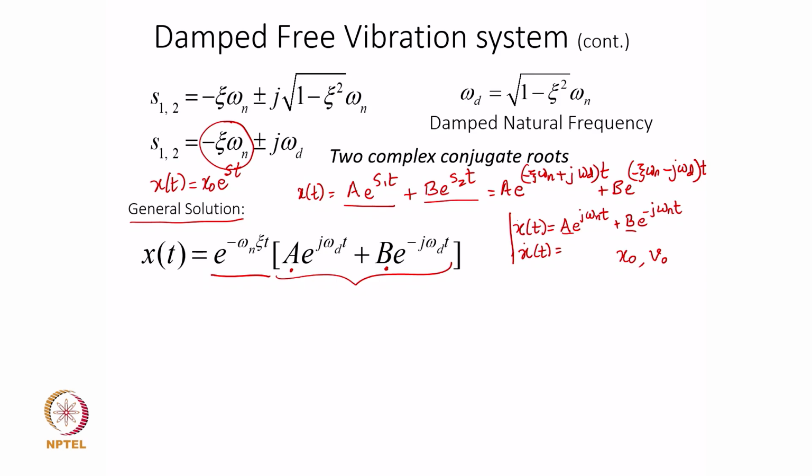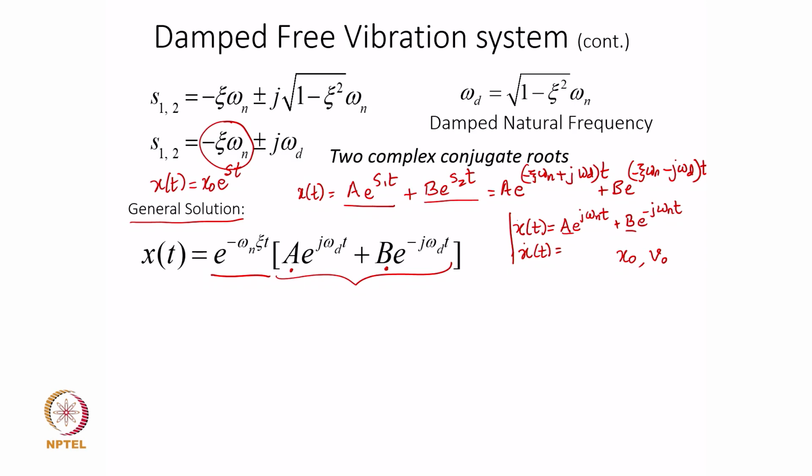A similar thing will happen for the damping case as well: the unknown constants a and b will be obtained using the initial conditions x naught and v naught. That is an exercise left to you.